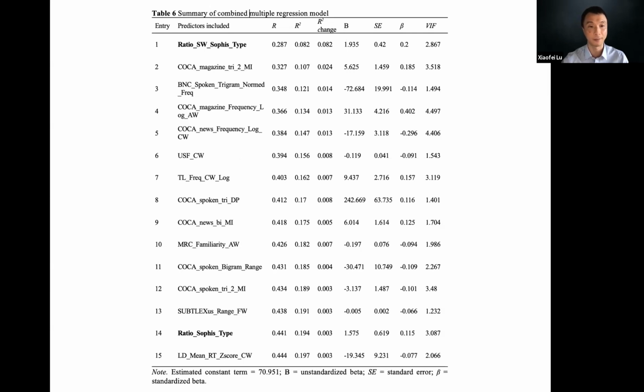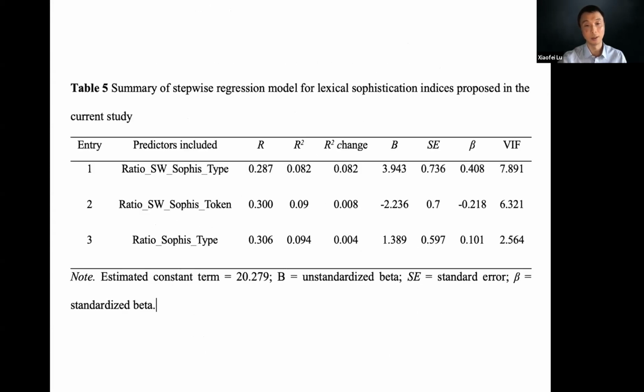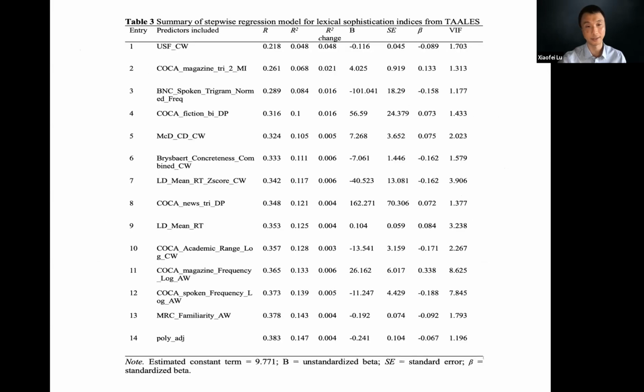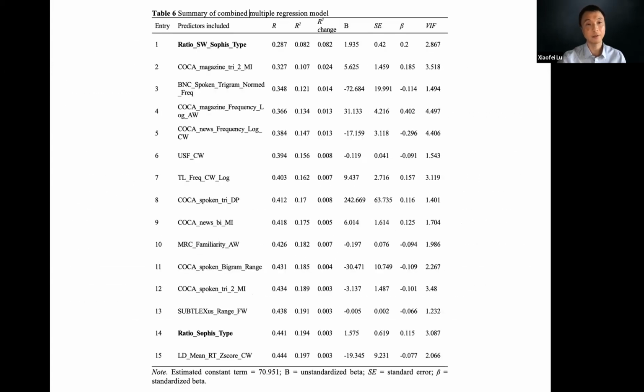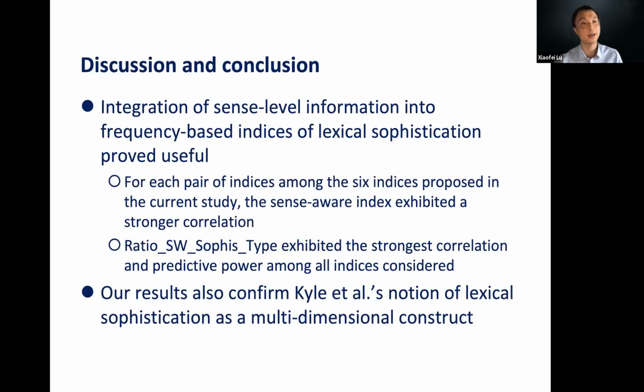And two of the models made their way into the final model, and then we ended up explaining 19.7% of the variance overall, as opposed to either 9.4 for our indices or the 14.7. Okay, so this is kind of encouraging information because we have only played with a very simplistic way of integrating sense information. I think we should explore more effective ways of doing that.